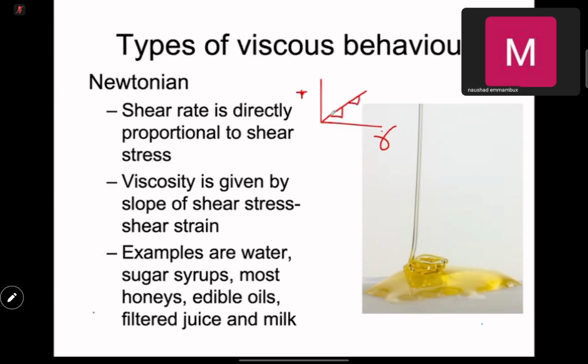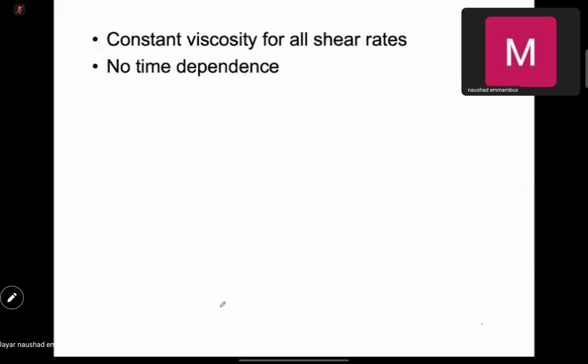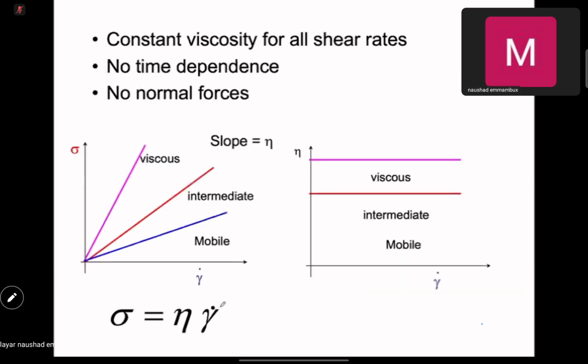You can see the slope is the same all over whether you change the shear rate or not. So the viscosity is constant. Newtonian fluids are not affected by the shear rate. Examples are water, sugar syrup, most honeys, edible oil, filtered juice, and milk. They have a constant viscosity at all shear rates.